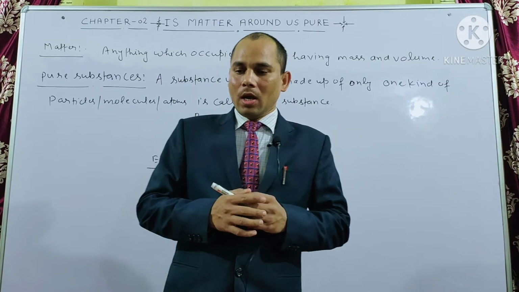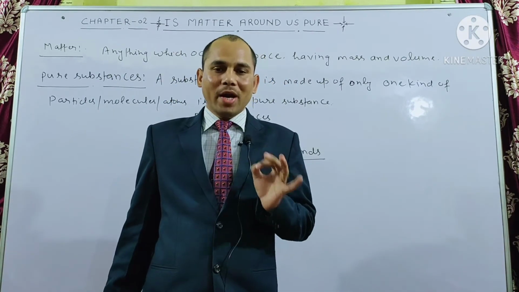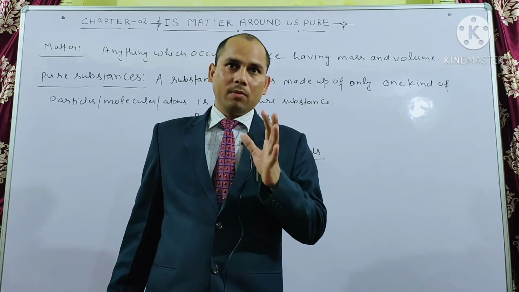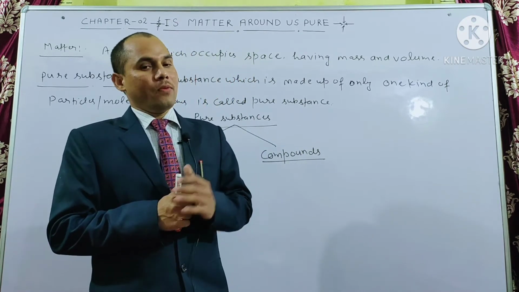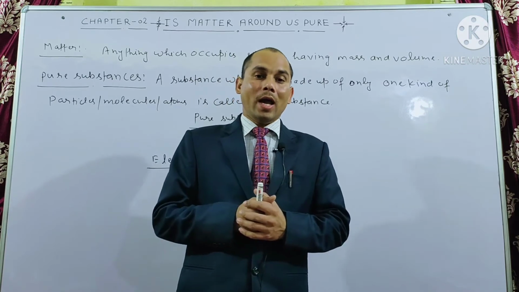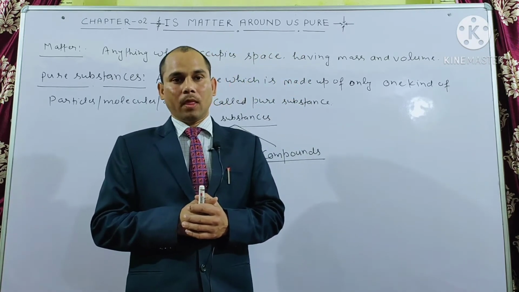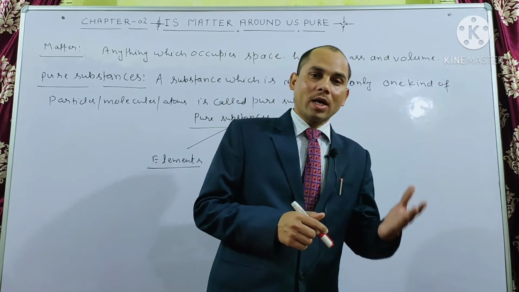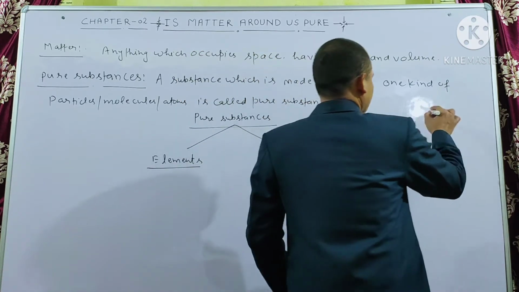Elements means those substances which are made up of only one kind of atoms. For example, nitrogen. Nitrogen is an element because it is made up of only one kind of atoms. Silver is an element, its symbol is Ag.